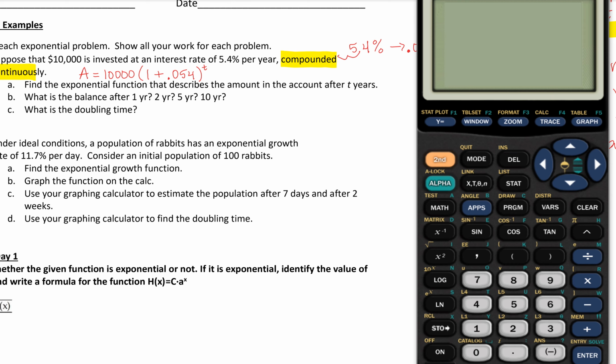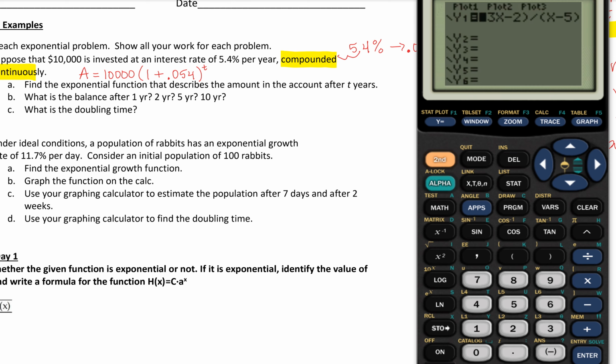Okay, I'm going to go into y equals, and I'm going to plug in 10,000 times 1 plus 0.054, close the parentheses, and raise it to the power of T. Well, we don't have T in our calculator, so we just change it to X, because that's what we're going to input, and the Y is what is going to be our output. So I plug it in, and I'm going to hit second graph so that I can see my table, right?